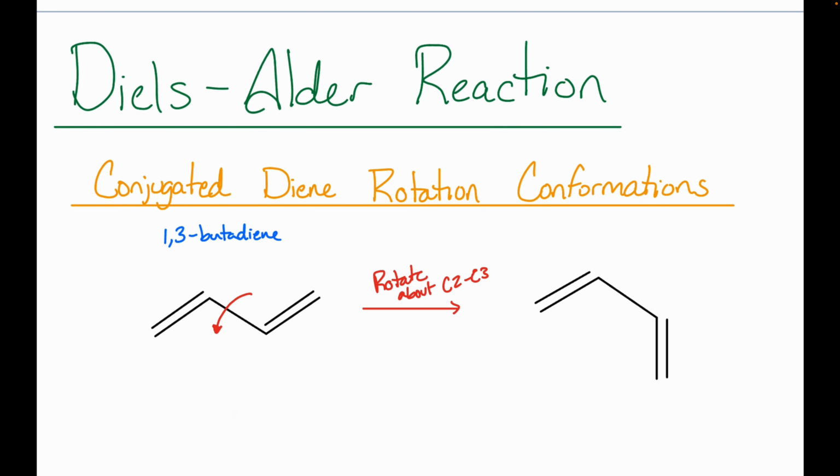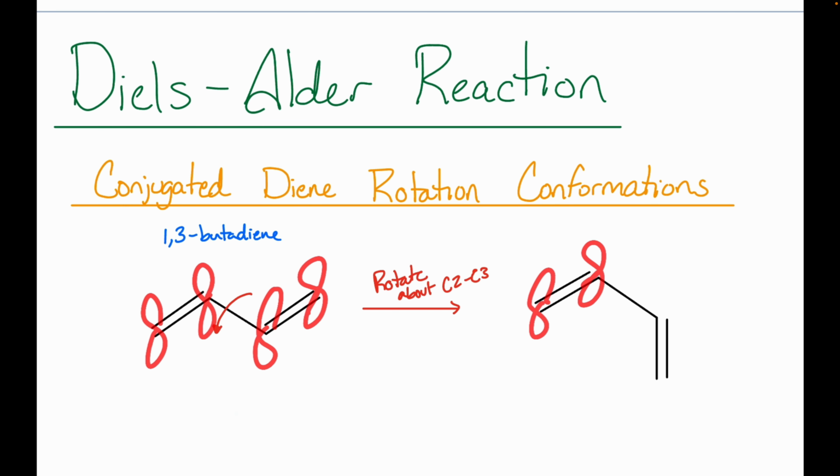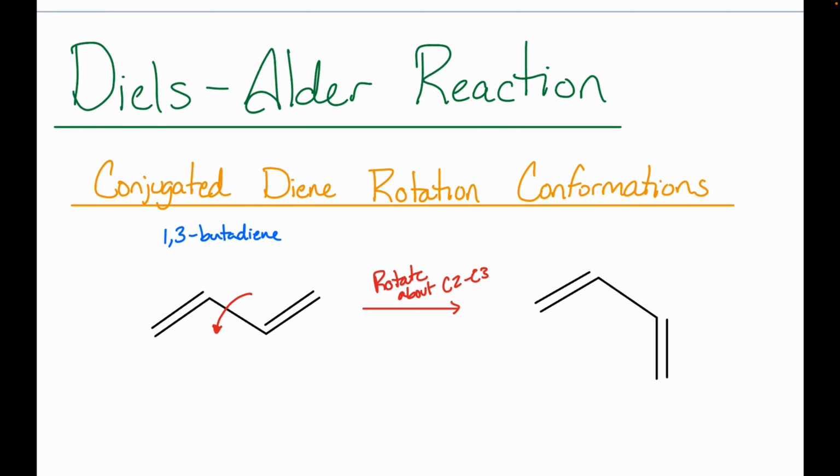They both have these conjugated pi bonds, right? My p orbitals are allowed to be parallel to one another in both of these cases. But these are different rotational states. The one on the left, when these double bonds are pointed on opposite sides, we call the S-trans conformation. And when they're pointed on the same side, we call this the S-cis conformation.